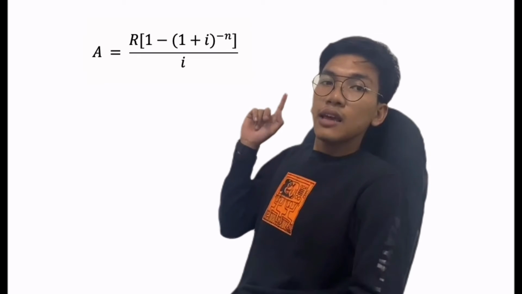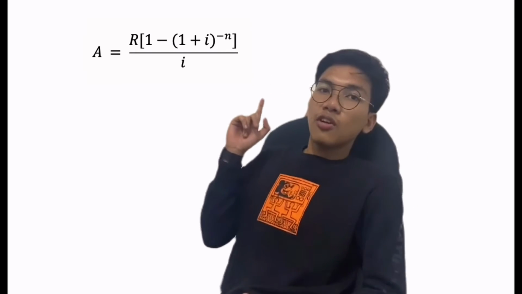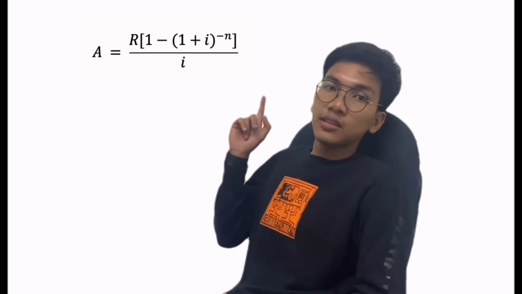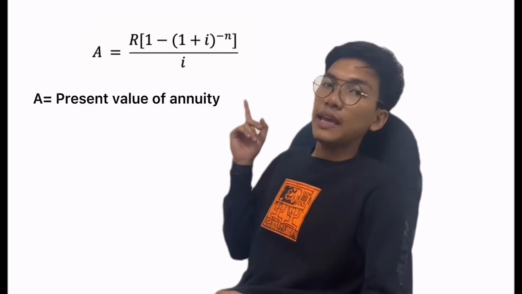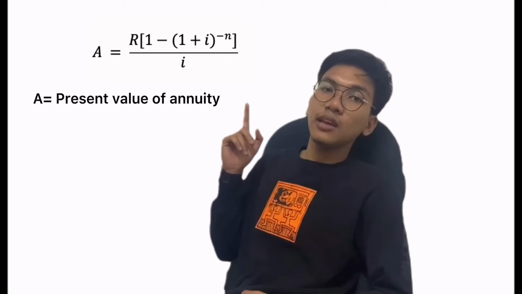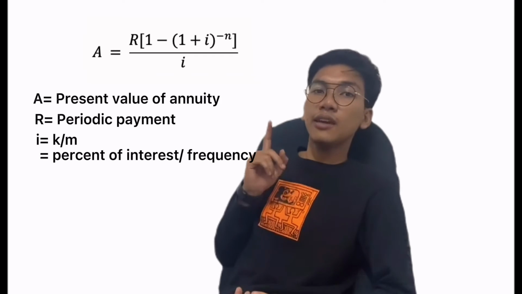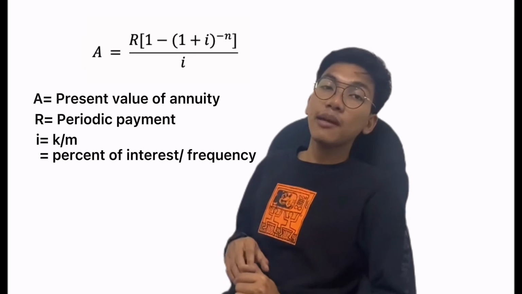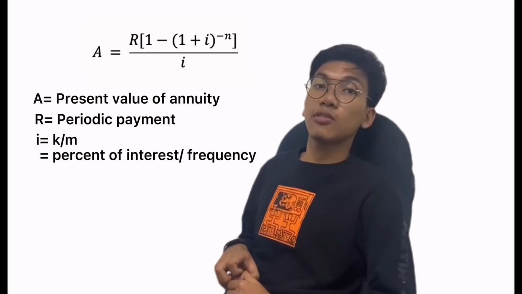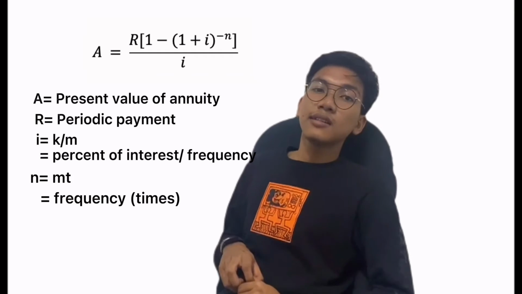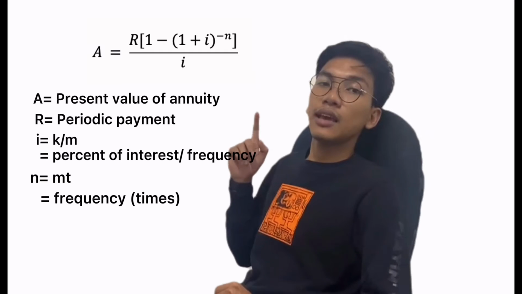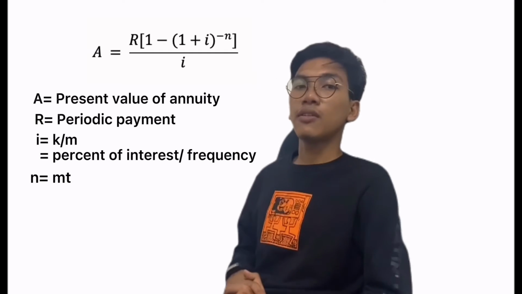On the next content, I'm gonna give some explanation on numerical technique. As the table shown beside me, A is the present value of an ordinary annuity. On this formula, A is present value of annuity, R is periodic payment, i is k over m, k represents interest rate, m is type of compounding, n equals m times t, and capital I is interest amount.